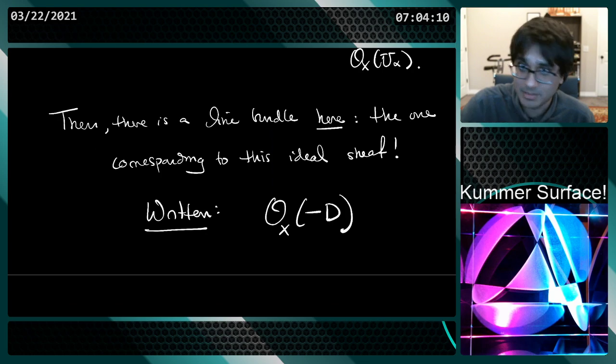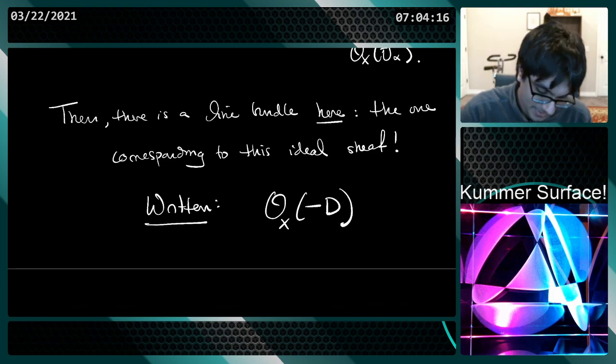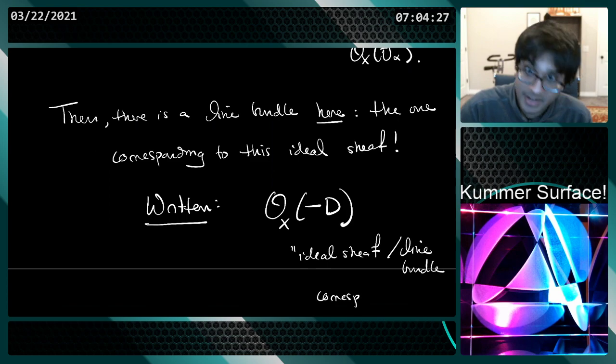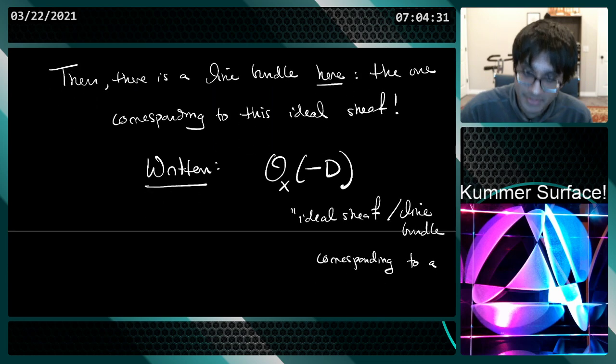Then you'll see why it's a minus sign, because the signs for other things match up. This is the ideal sheaf, the line bundle corresponding almost by definition to a Cartier divisor.